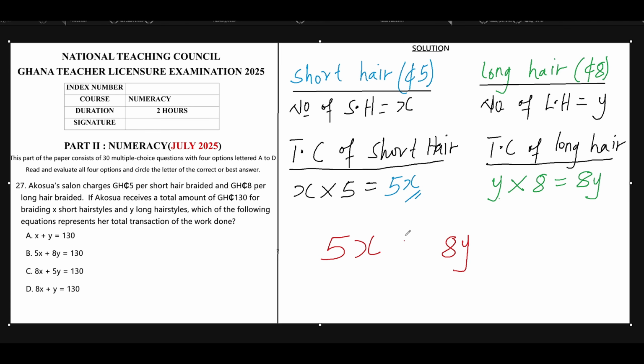We need to add the two, 5x plus 8y. But at the end, what was the total amount of money received by Akosua? She received 130 Ghana cedis. So this is the equation: 5x plus 8y should equal 130 Ghana cedis. So we select option B.